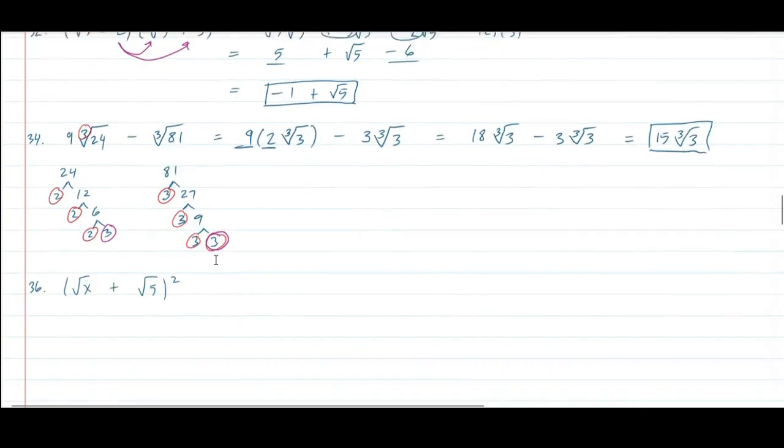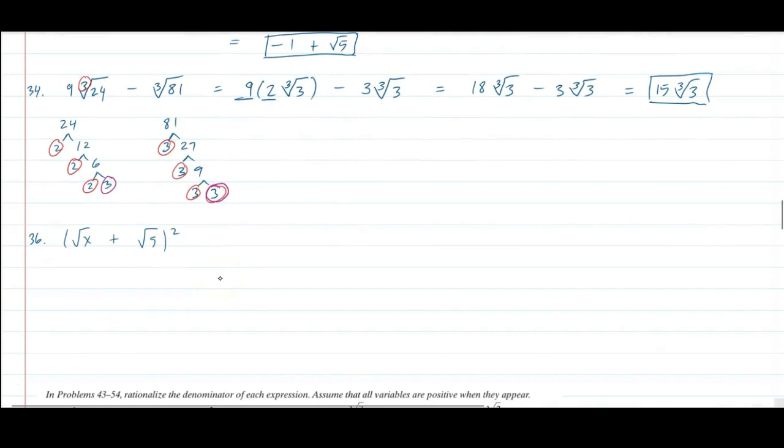Okay. Now, we're going to go ahead and rewrite this as the root of x plus the root of 5 multiplied by the root of x plus the root of 5. Right? So I had said this earlier, and I'm saying it again, because it had a square on it, we wrote it out twice, like this over here.